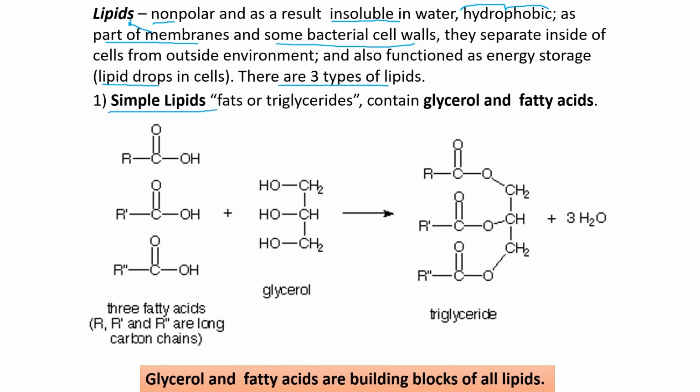We have simple lipids, with other names fats or triglycerides, and they are made up of glycerol and fatty acids. So glycerol and fatty acids are the building blocks of all lipids, not only simple lipids, but also complex lipids and steroids, which we will talk about later.